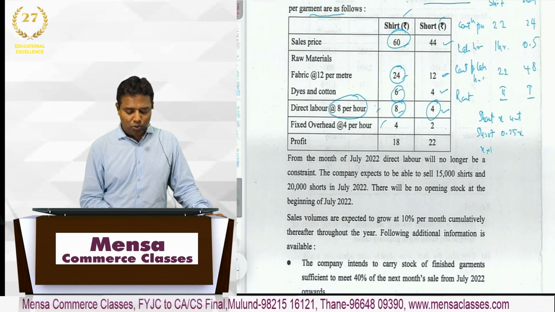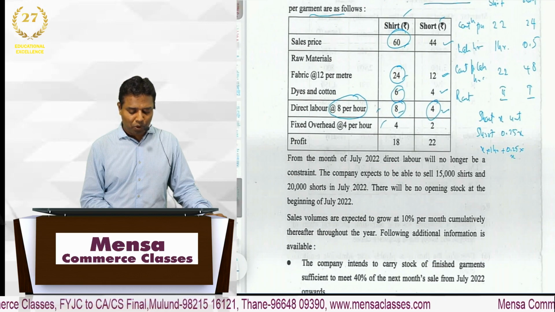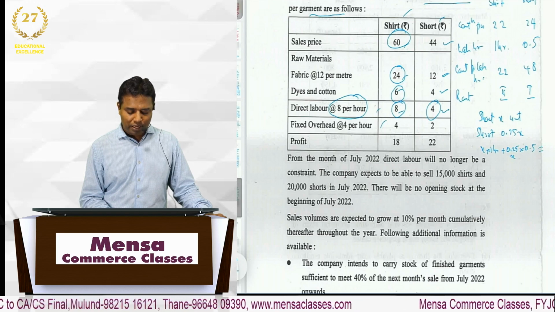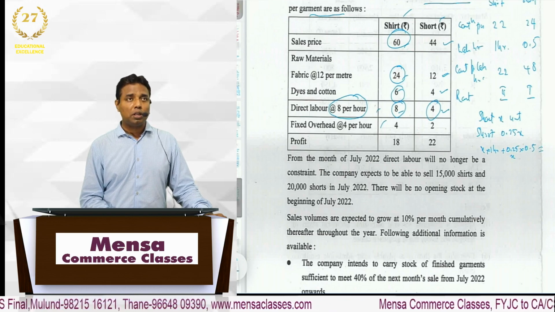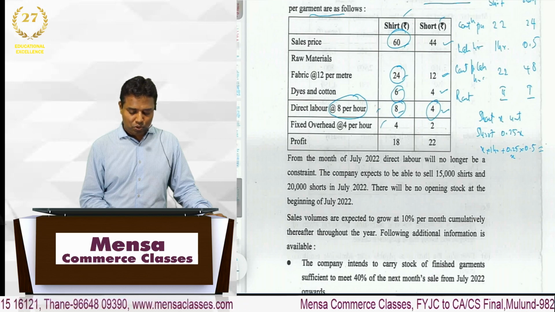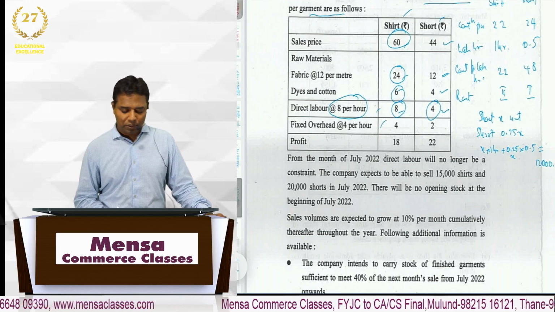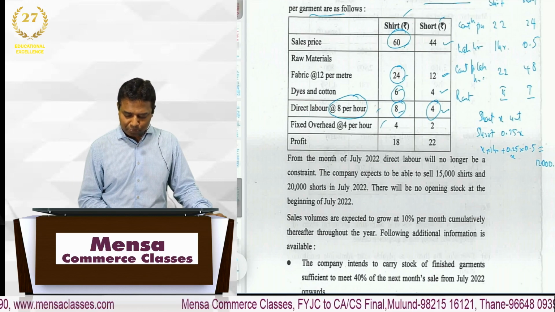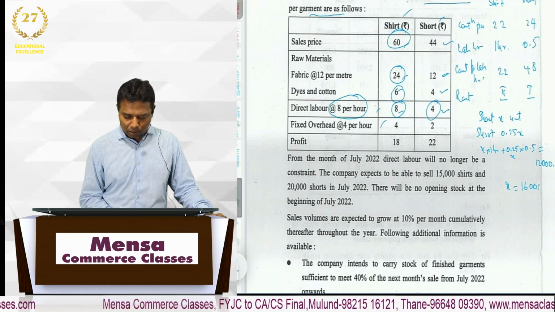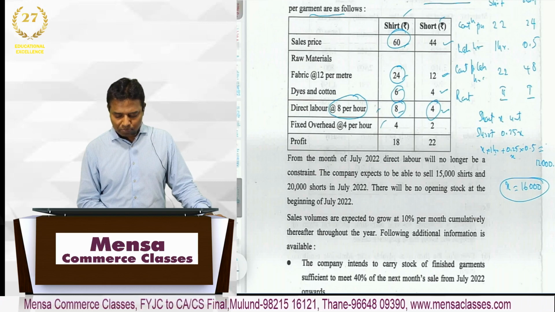So X into 1 hour plus 0.25x, how many hours? 0.5 hours is required, and the total should come to 12,000 labor hours, right? So if you do the calculation, X will be equal to 16,000, because this will be X and this is 0.5.